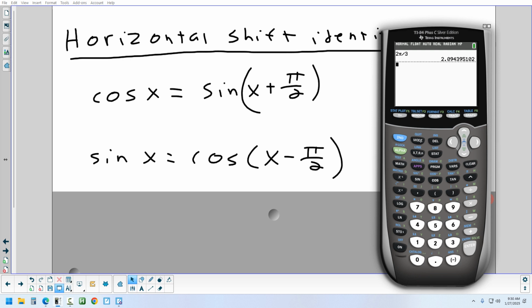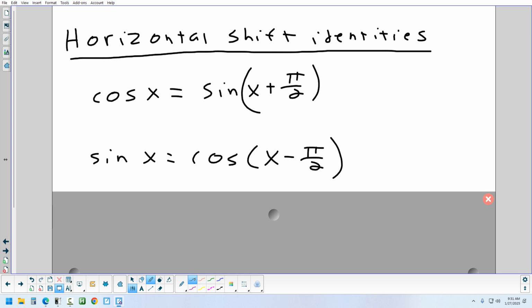That means if I wanted to find, let's say, the cosine of 50. Now let's do this in degrees. That's the cosine of 50. Since I'm going to do this in degrees, what's pi over 2 the same as in degrees?